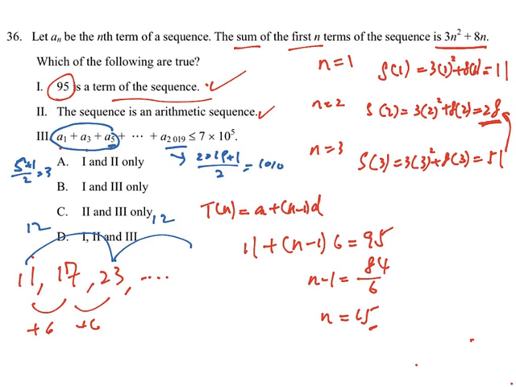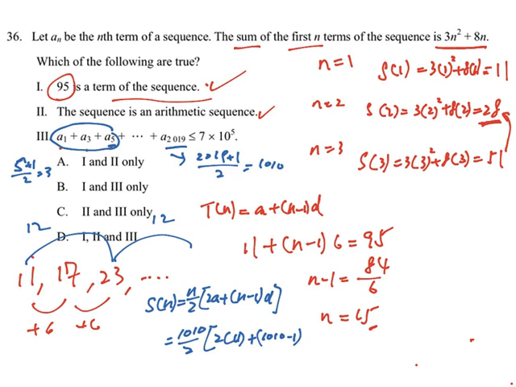So let's see the sum of this. We'll use Sn equals n over 2, times 2a plus n minus 1 times d. So n is 1010 over 2, 2 times 11 plus 1010 minus 1, and the difference is 12.